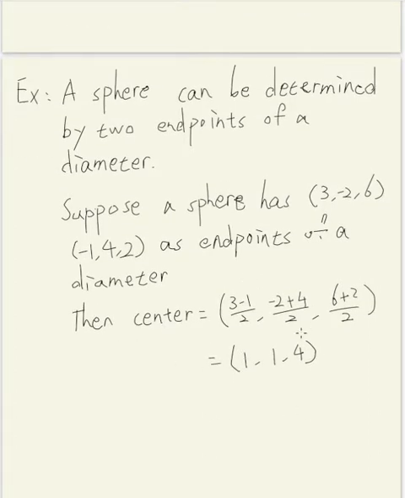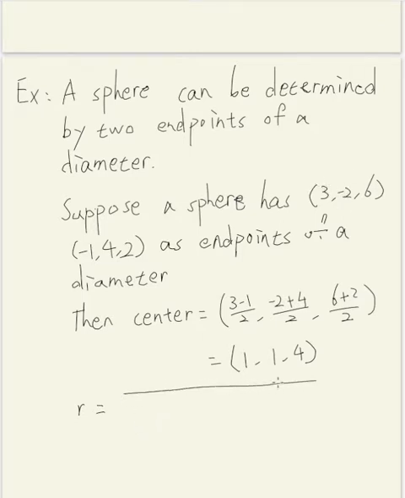Now if you have the center, you can calculate the radius by computing the distance from the center to any one of these points. You can choose any one, whichever you like, and you'll get the same answer. Okay, so the radius, I'm just going to write r, equals the distance from the center to, let's pick the first point.